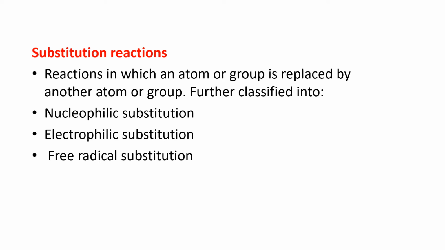And those initiated by free radicals are known as free radical substitution. For example, when methane is treated with chlorine in presence of light, we get CH3Cl plus HCl, and this reaction is initiated by chlorine radical, so it is known as free radical substitution.